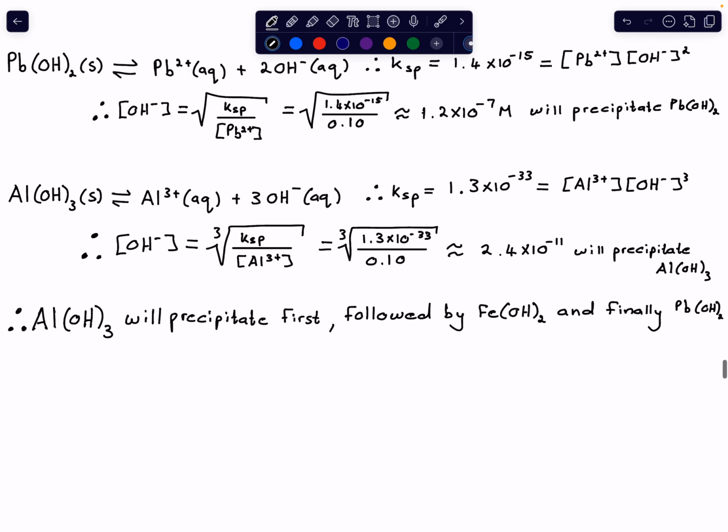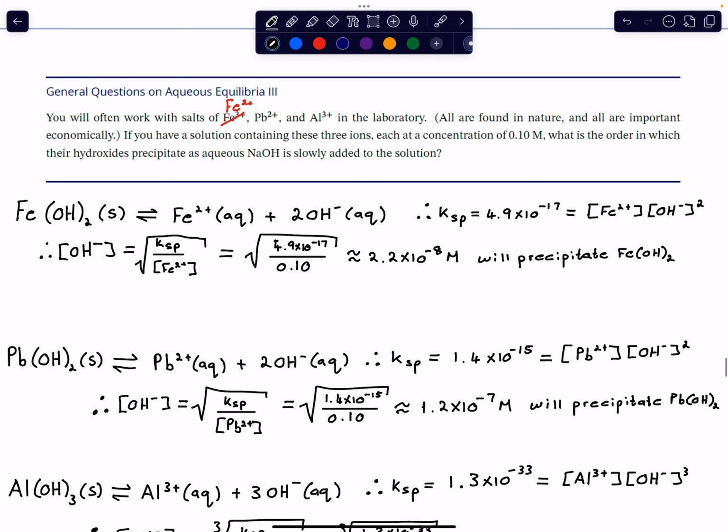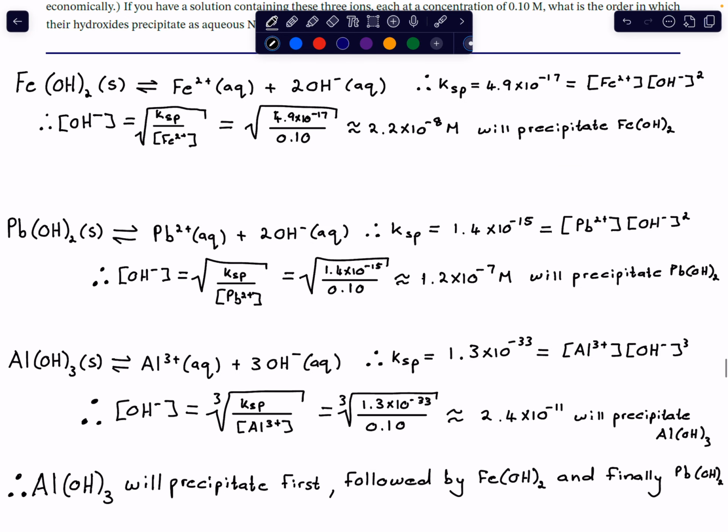Why? Because the one that requires the smallest amount of hydroxide will precipitate first, because it means it requires the least amount of hydroxide to be added before it forms a precipitate. Now, one that requires the most will have to wait until the hydroxide concentration builds up the most before it will form a precipitate.